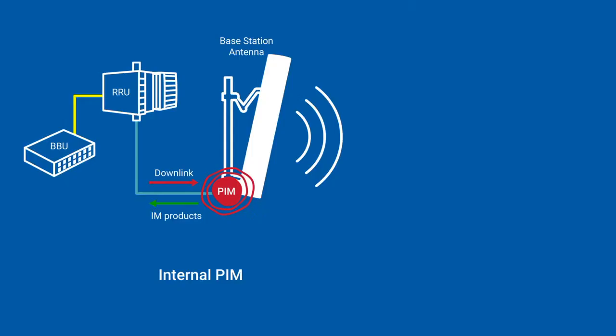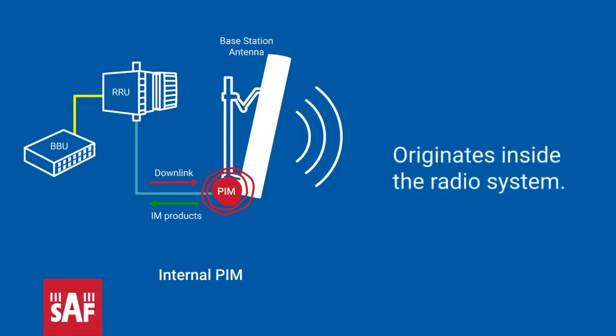Wait, there are two different kinds of PIM? Yes. The general division is that internal PIM is PIM originating inside the radio system. In simple words, everything from the radio, the connection to the antenna, and the antenna itself.